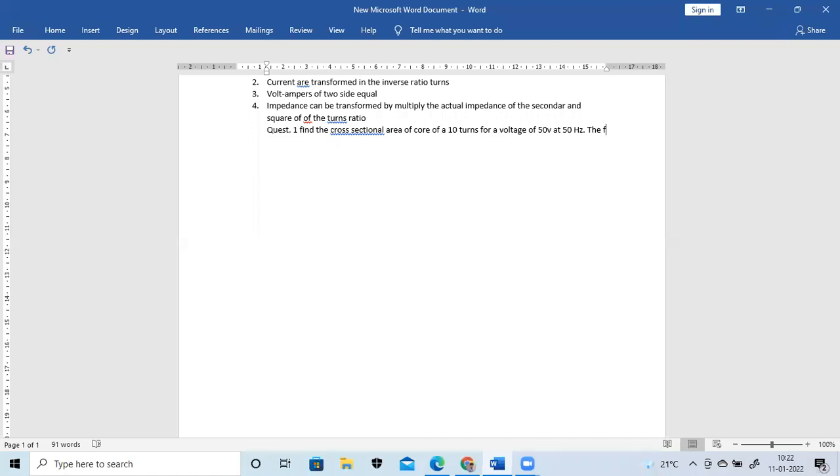Because if I give some heat, first time the temperature is T1, second time temperature is T2, third time temperature is T3, then the steam generation must be high: first time P1, second time P2, third time P3. The flux density is 0.9 Weber per meter square.